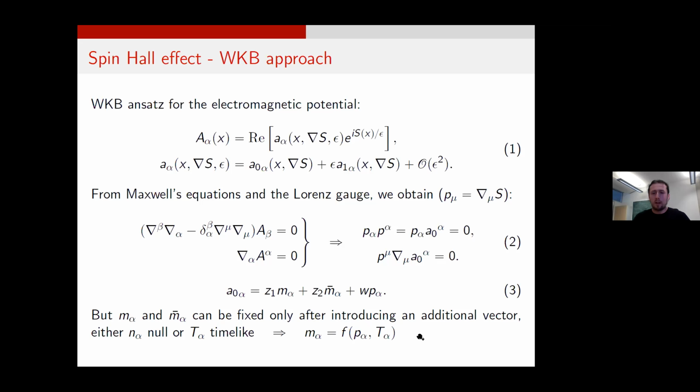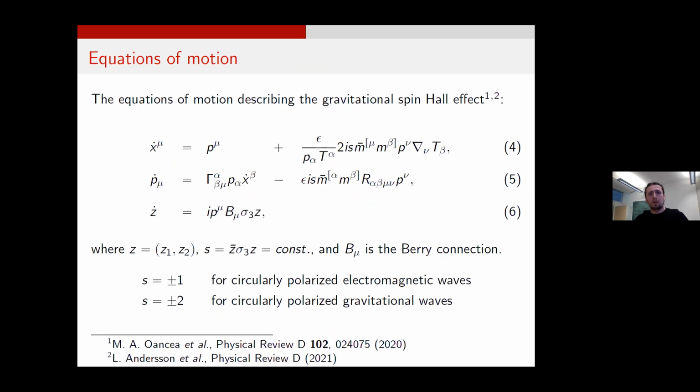I'm going to skip the details and go directly to the final result, because this would take us a lot of time. What we obtain in the end are the equations of motion describing this gravitational spin-Hall effect.